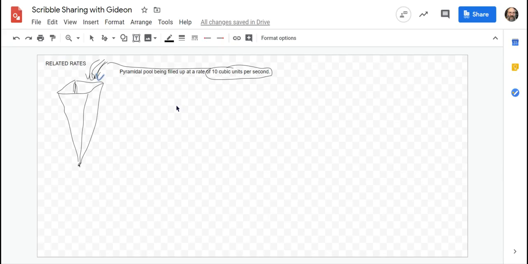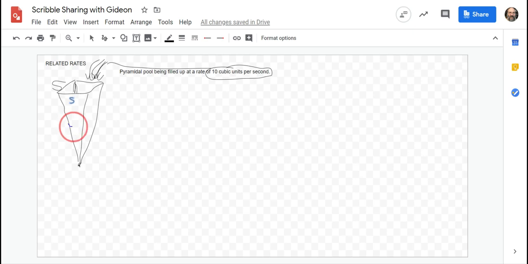One of the key issues in a related rates question is that we've got different variables changing over time. So think about this. We've got S, that's the side of the square. It's S by S, right? And we've also got how deep the water is.